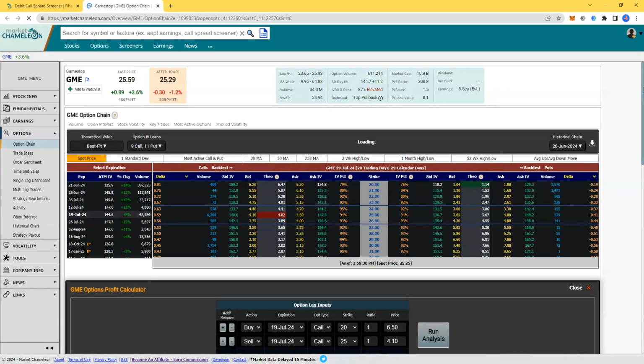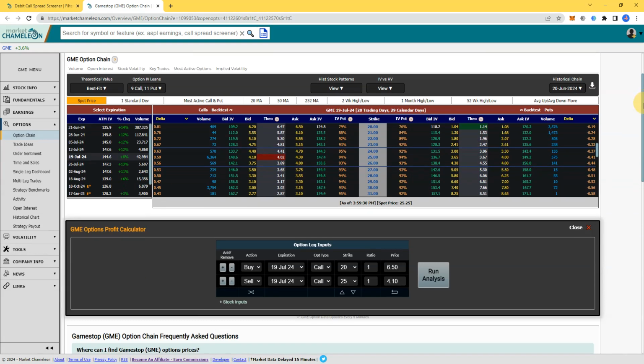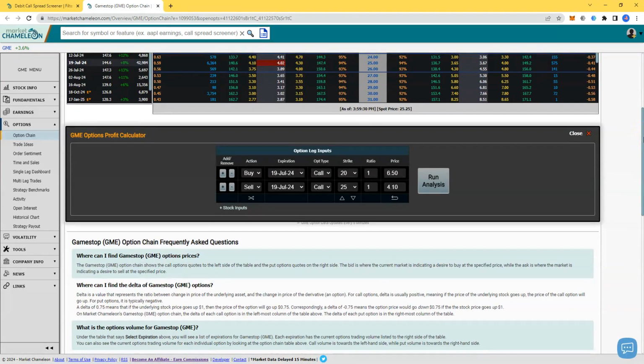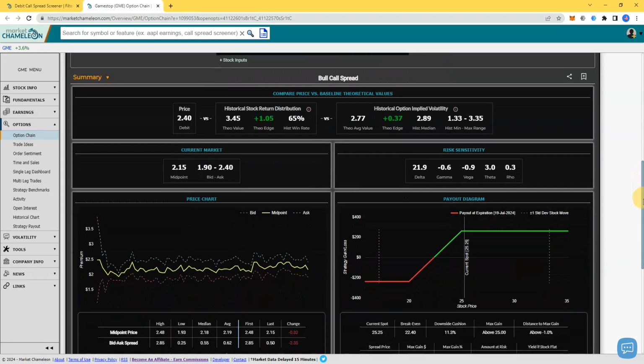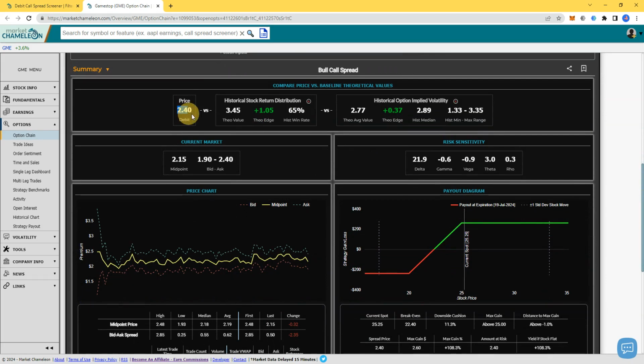Okay, and this tab just gives you even more data and more information, but basically this is what it says: buy the July 19 call 20, sell the 25 call, and this 650 minus this 410 is 240. Run analysis. You're gonna click here, and it's gonna tell you all the details that you're paying for this debit spread, 240 compared to 345.